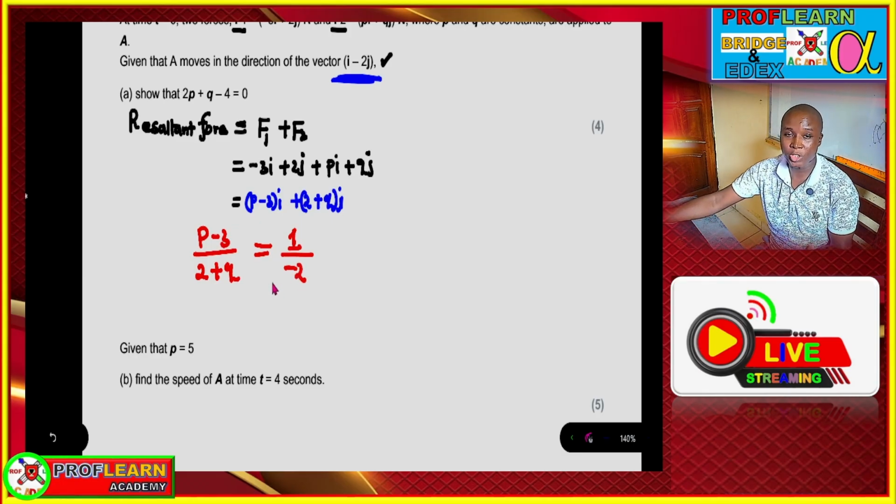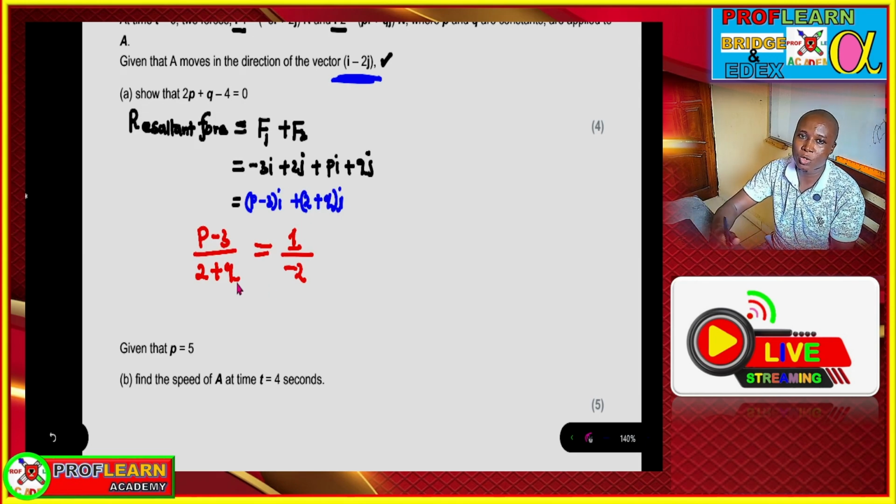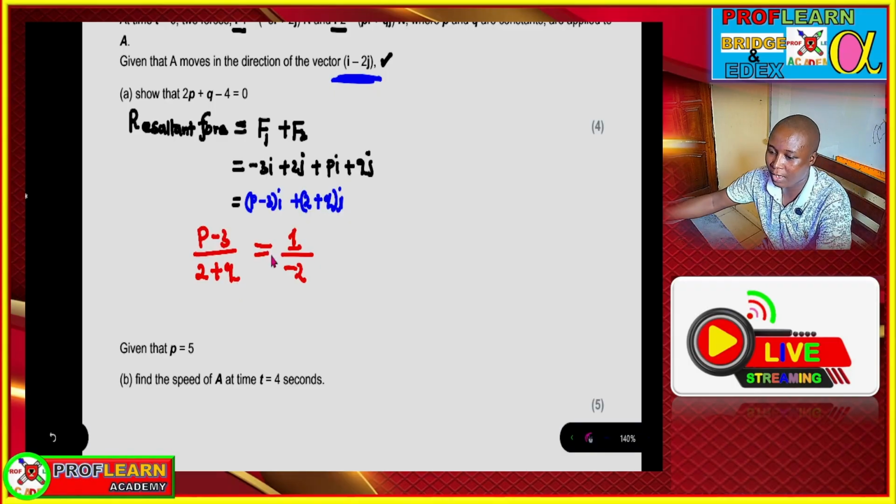So because they are parallel, we form an equation using the ratios.